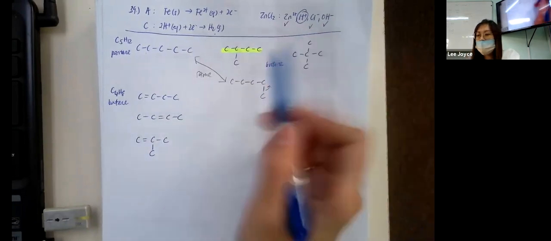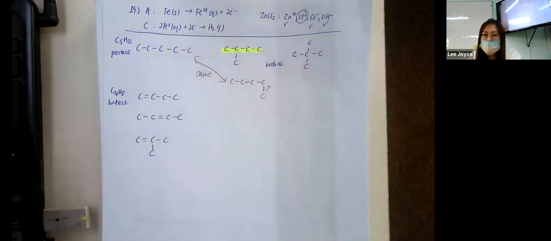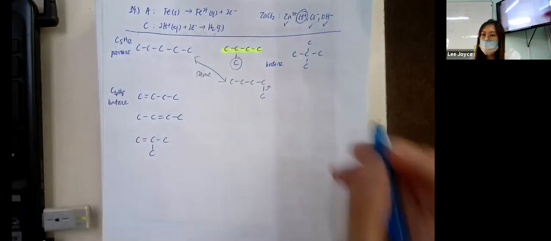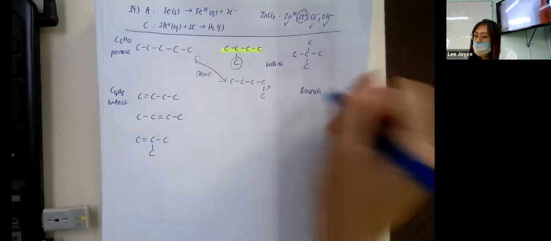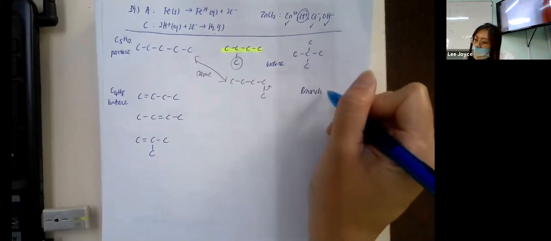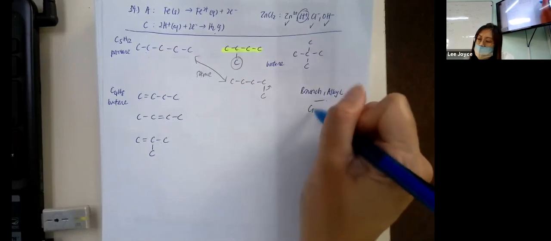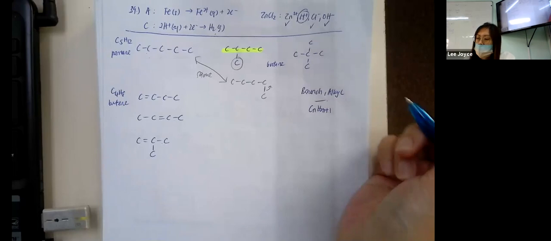Now after we have named the base compound, we must name the branch. You can see this is the branch. The branch will follow a general formula. The branch is also known as the alkyl. So what is the general formula? CnH2n+1.